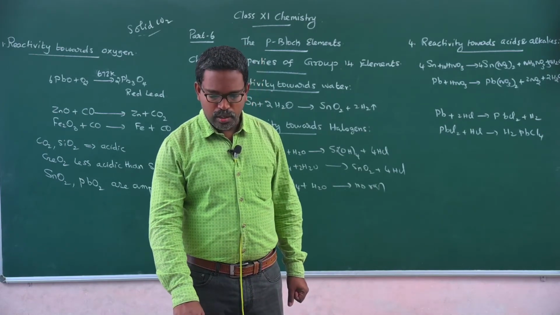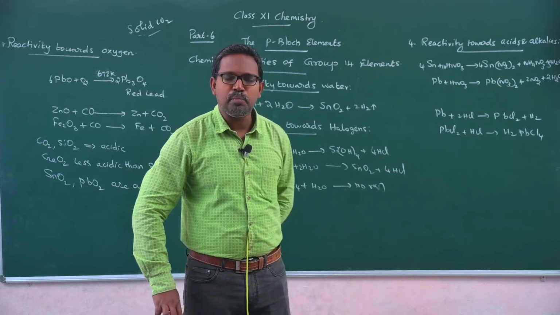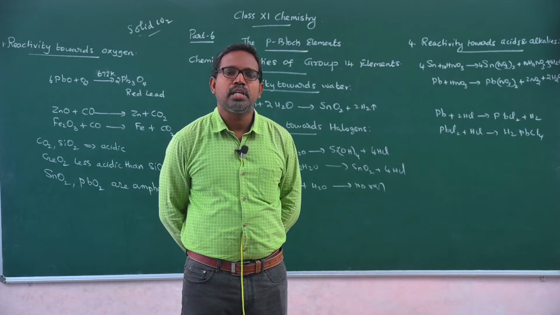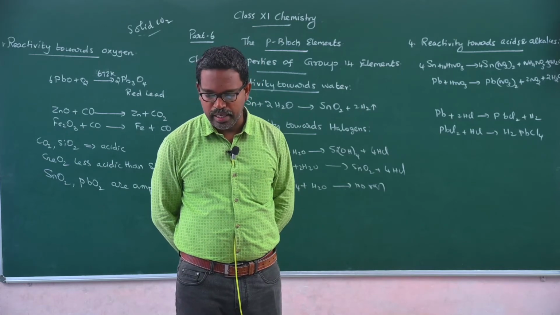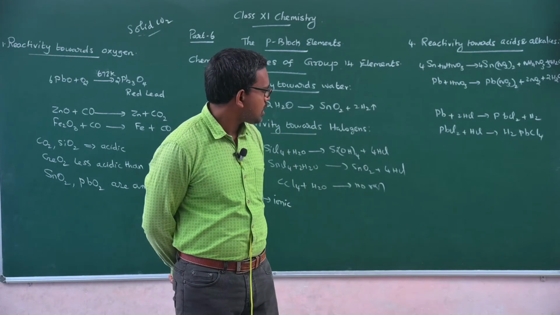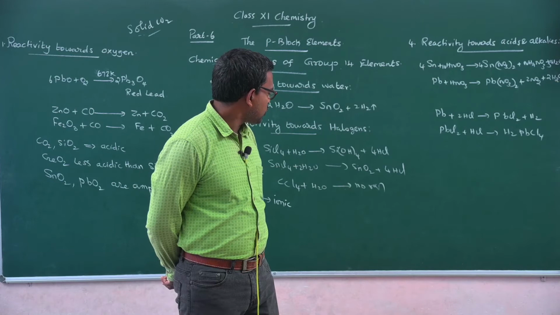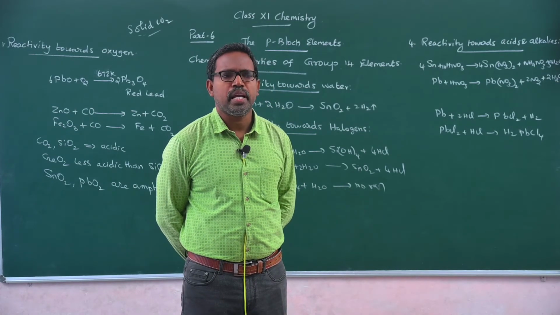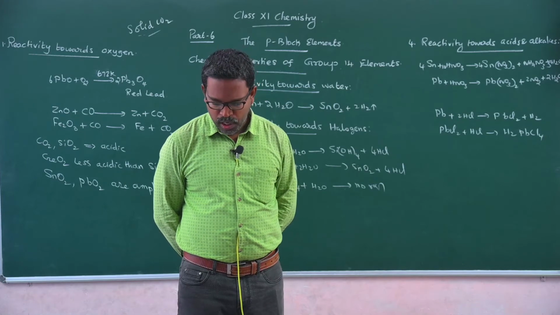Most of the halide compounds act as Lewis acids, but carbon tetrachloride does not act as a Lewis acid because it does not react with water and does not behave as an acid.